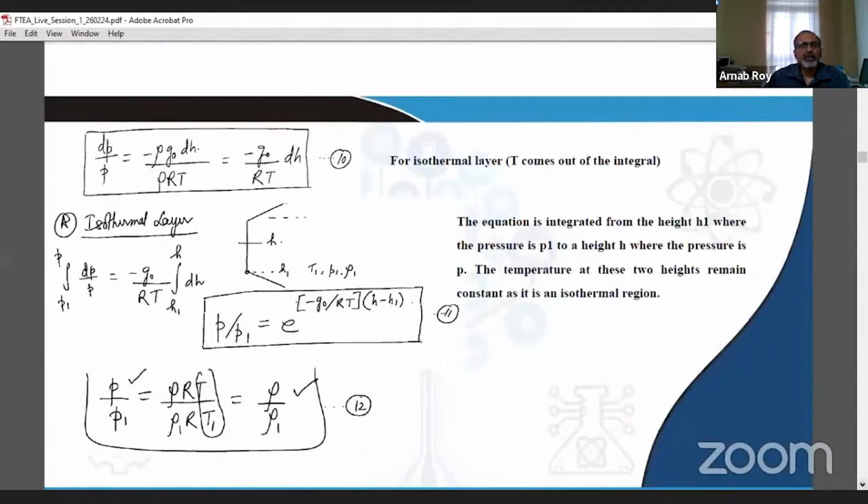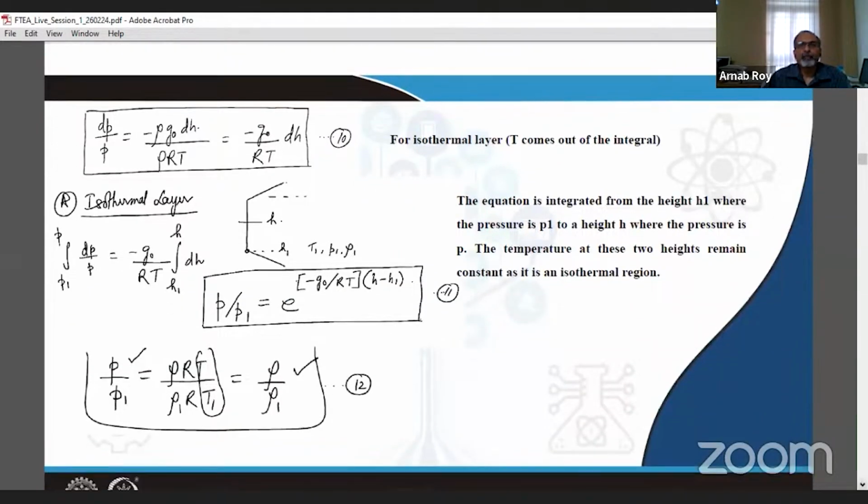And then we move on and set this equation, which will be the important equation to solve, whether it is for the isothermal condition or for the gradient regions.